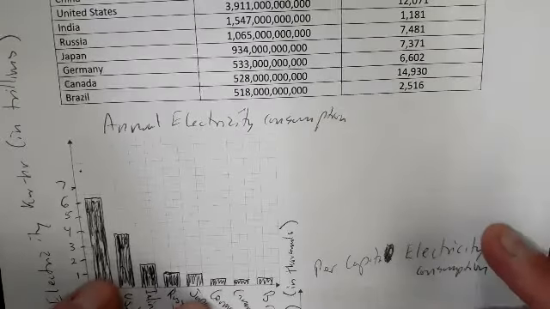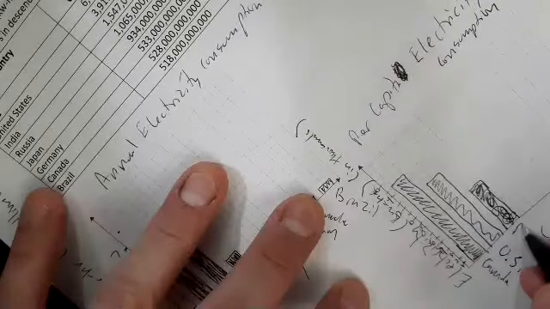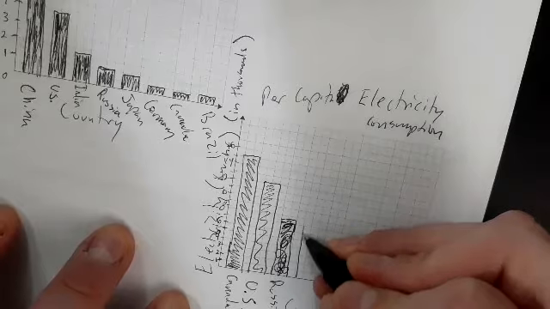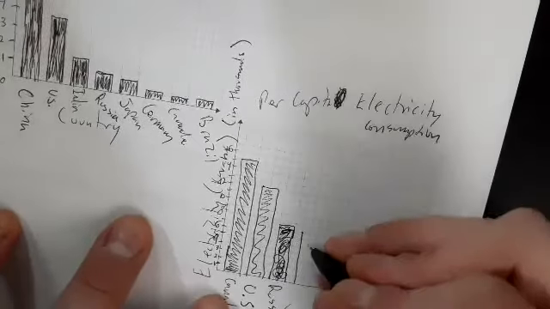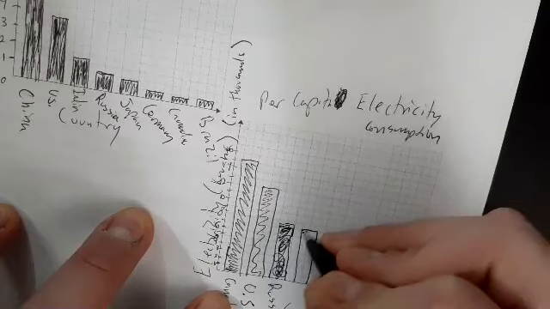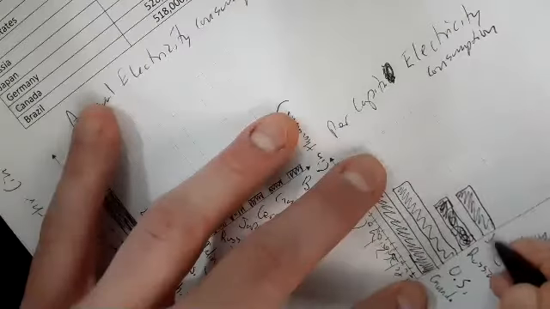I want to shade this in. This one is Russia. The next one's Japan. It should be right under that at 7.3. I'll shade that in and I call this Japan.